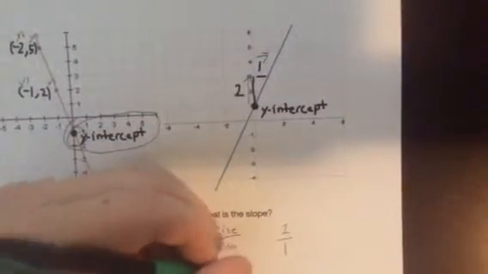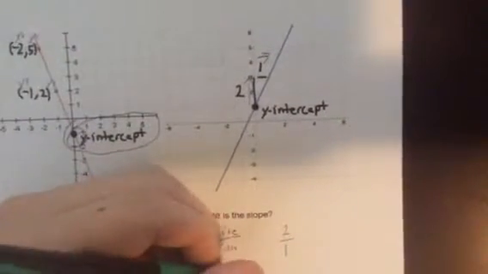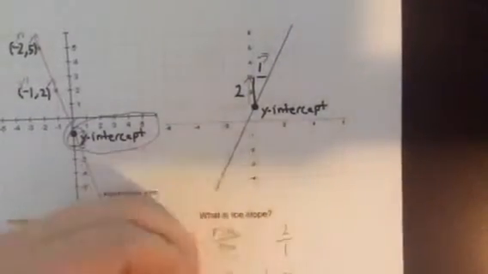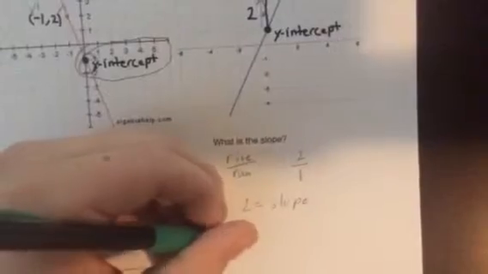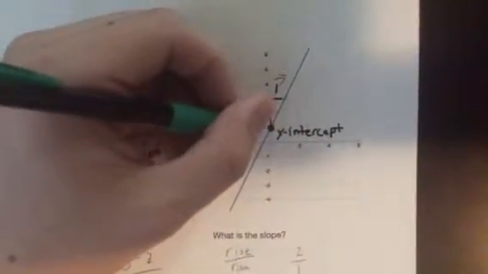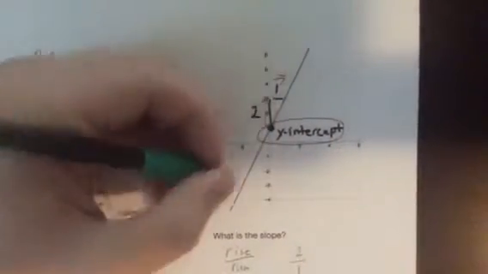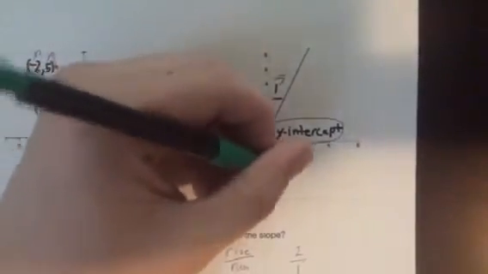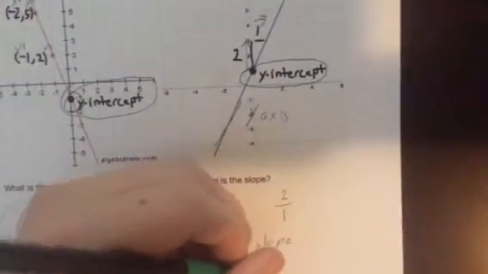So 2 is equivalent to our slope. So it's y equals 2x, and then our y-intercept in this is 1, which is where the line crosses the y-axis, which is y equals 2x plus 1.